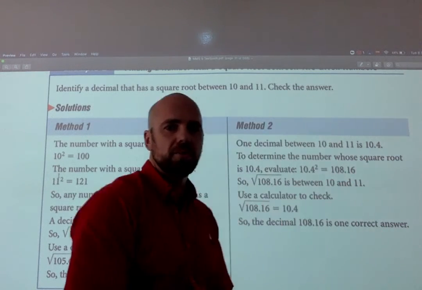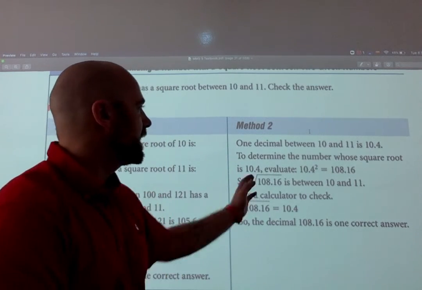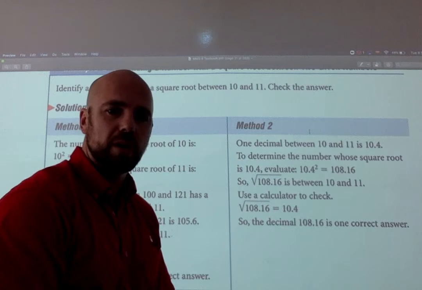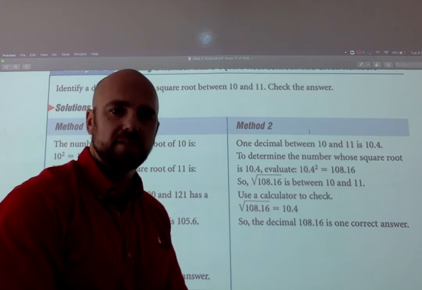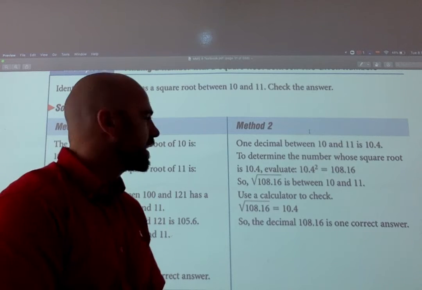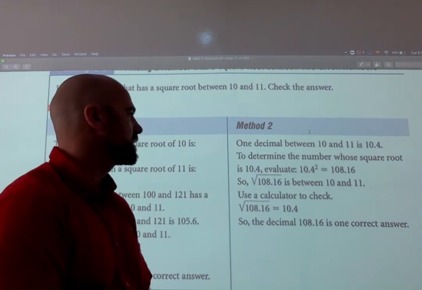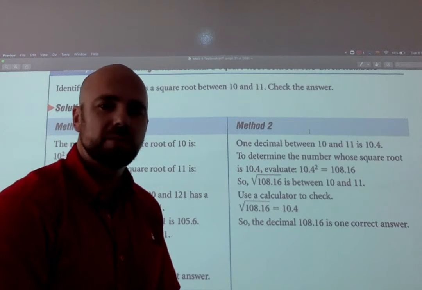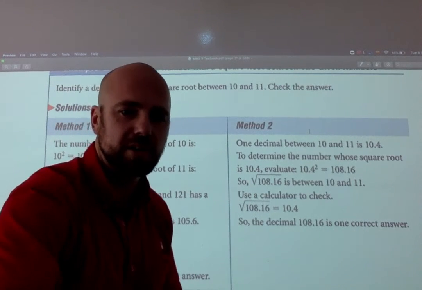Method 2: one decimal between 10 and 11 is 10.4. But now they're going to square it. So 10.4 times 10.4 gives you 108.16. So the square root of 108.16 is technically between 10 and 11. Then they can use a calculator to check.